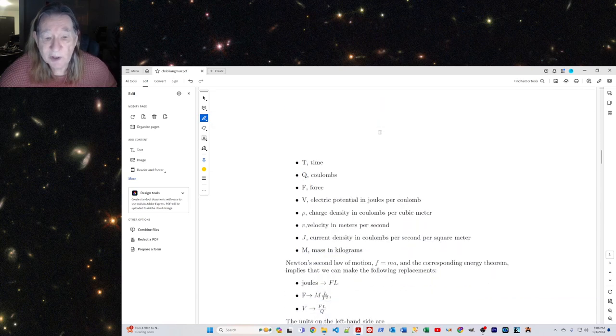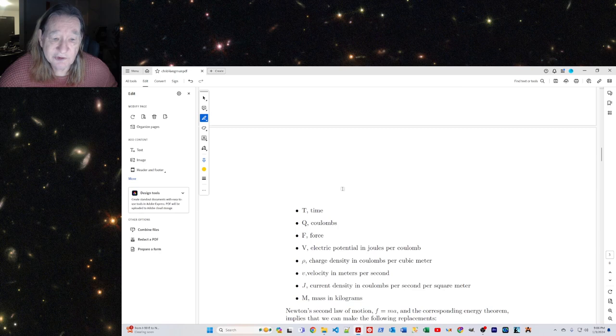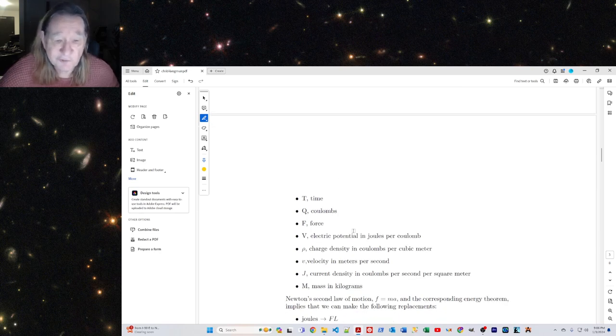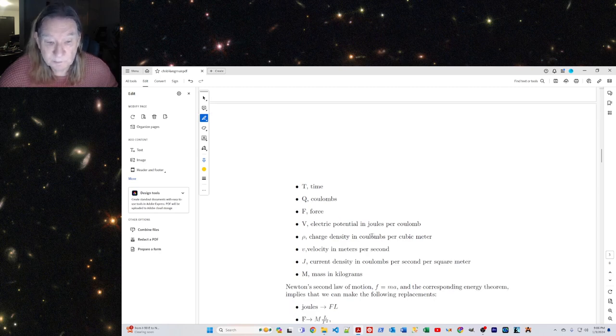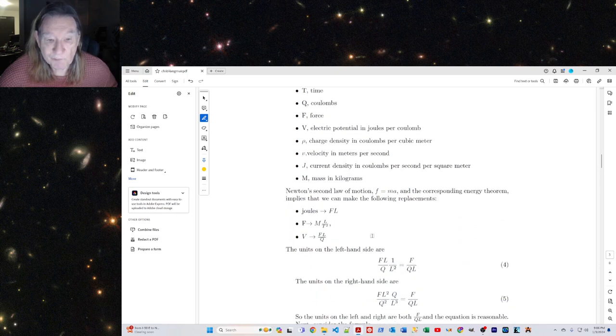These are the symbols we're going to use. L is length, T is time, Q is coulombs, the unit of electric charge, F is force, V is electric potential, which is energy per unit charge or joules per coulomb. M is the mass in kilograms.